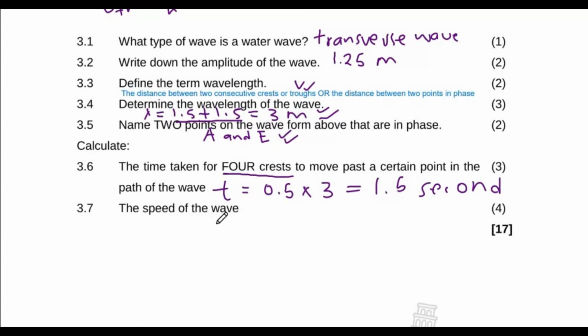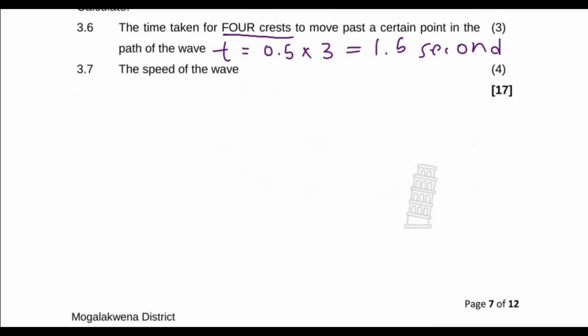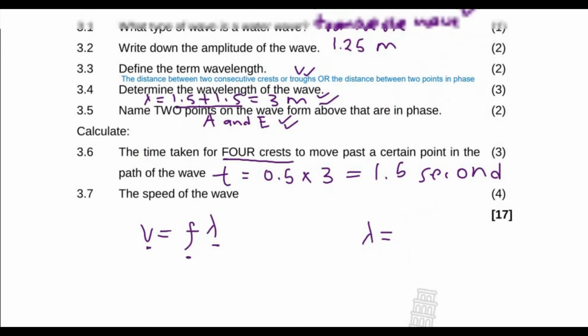And then we have to determine the speed of the wave. There are always a number of ways that you can solve these types of problems, but I'll just show you one. We can use the wave equation V equals the frequency F multiplied by lambda. This is the speed, this is the frequency of the wave, and this is the wavelength. We have the wavelength, we determined it earlier: it is 3 meters.